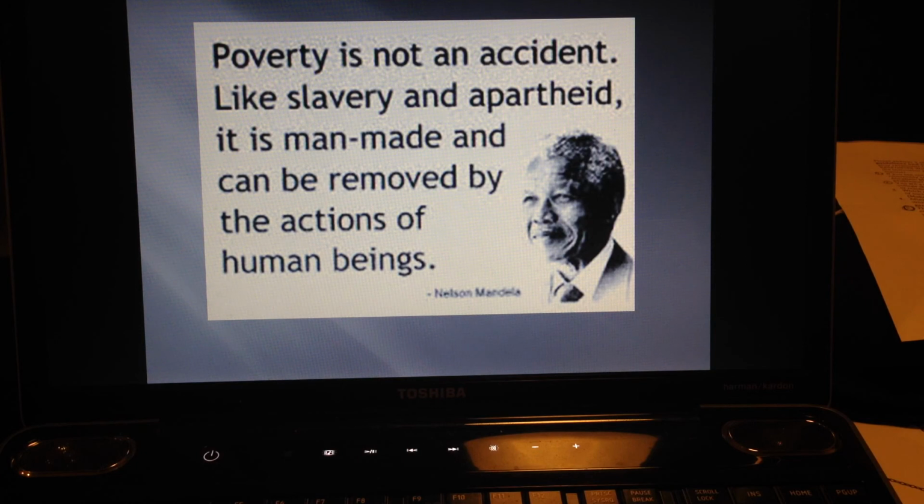It says, "Poverty is not an accident like slavery and apartheid. It is man-made and can be removed by the actions of human beings." I think we should all follow this and help to reduce the poverty levels in the United States and help to allow younger students to achieve more.